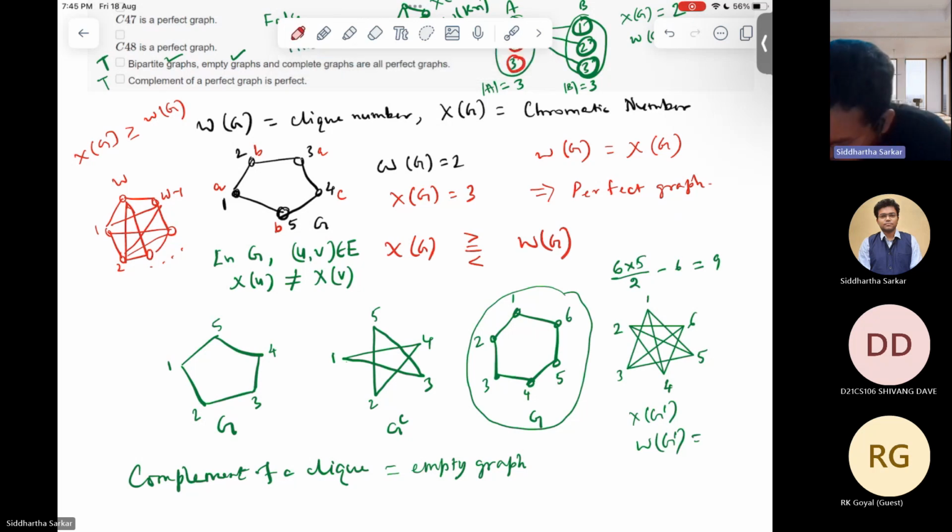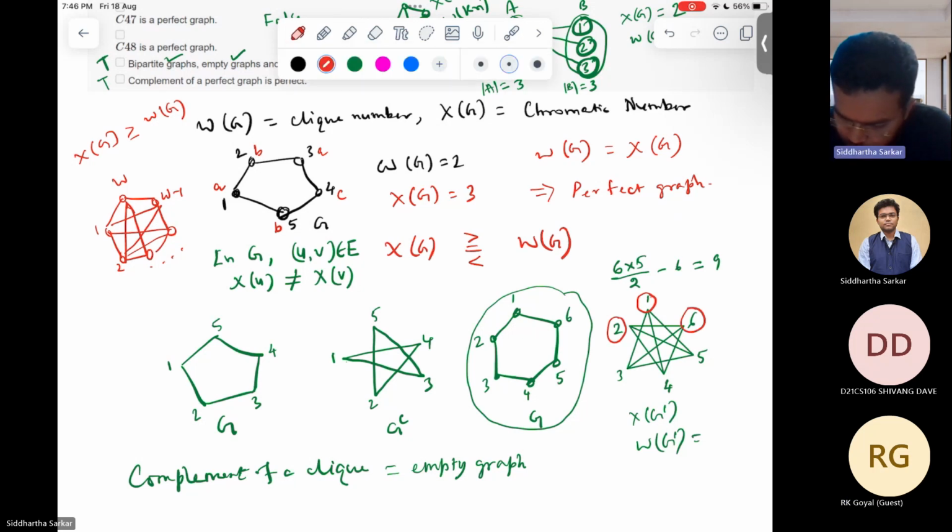Let me give it some colors. So one is red. So three cannot be red. Four and five cannot be red. Two on the other hand can be red. Six on the other hand can be red. Six and two are connected.